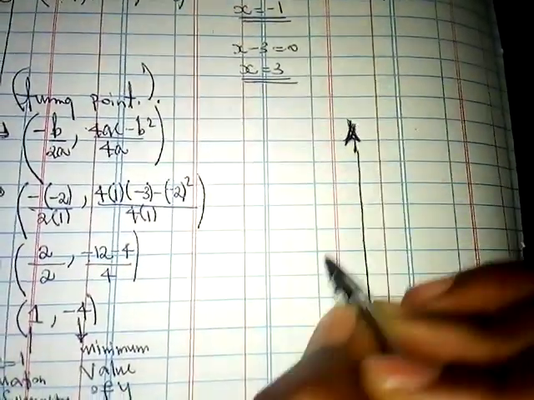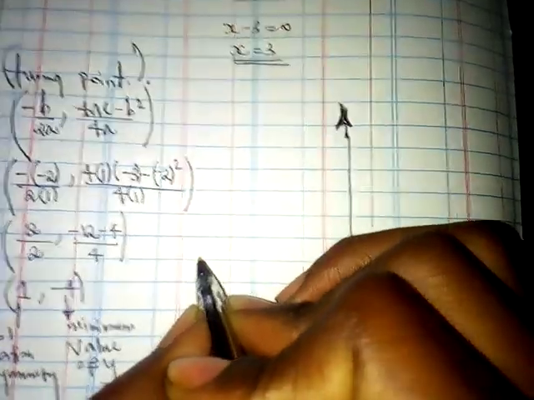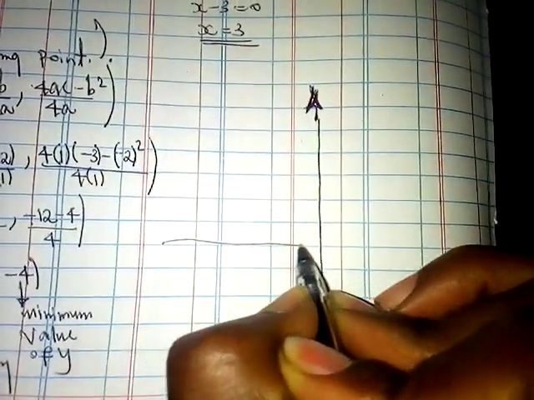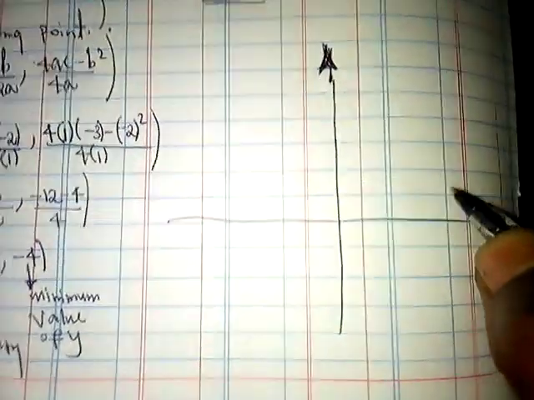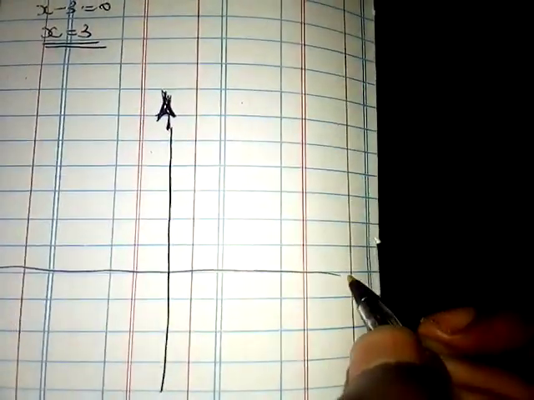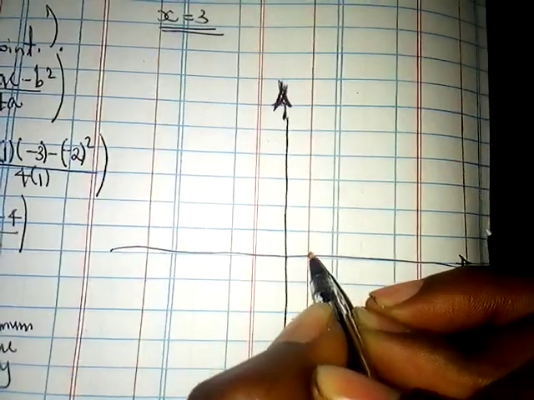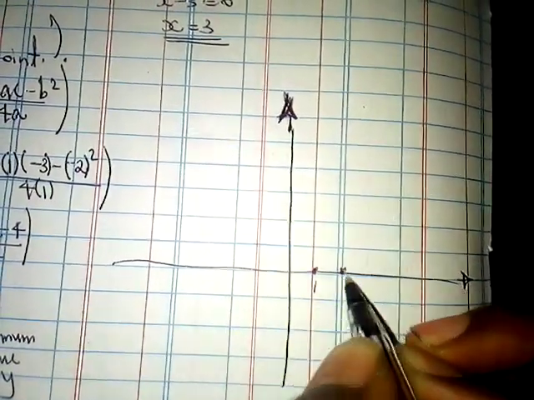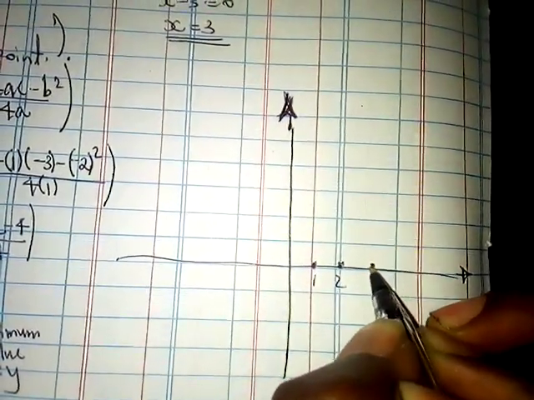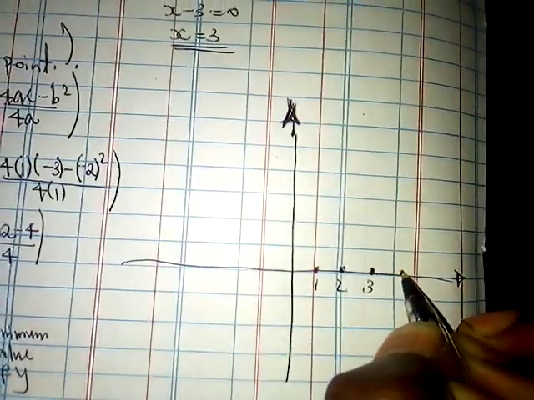Oh, that's a terrible arrow. It's going to go in that way. 1, 2, 3, 4.